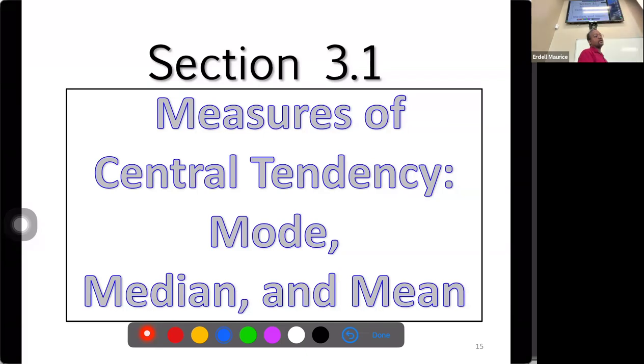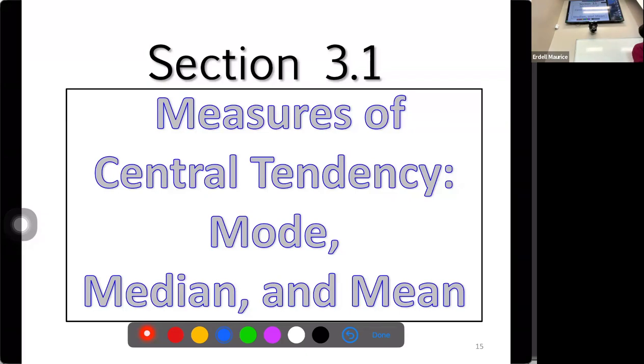All right. So measures of central tendency. In statistics, when we say measures of central tendency, what we mean is a calculation that tells us what the middle of the data set is. For example, if I told you I scored 90% on my first test, and on my second test I scored 92, well, what's in the middle of that data set? 91, correct?